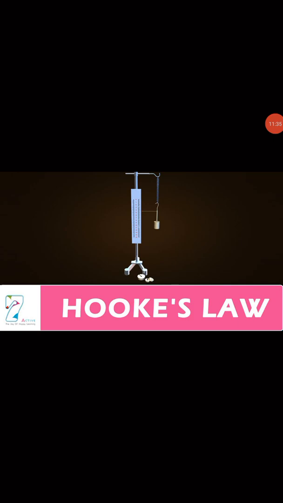So Hooke's law gives the relationship between the force applied on the spring and the extension, that is the increase in length of the spring due to that force. The statement of Hooke's law is: the force applied on the spring is directly proportional to the extension, and the graph of force versus extension is a straight line graph.